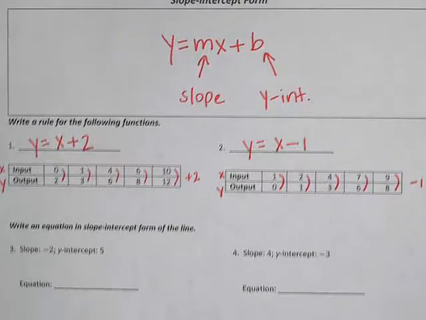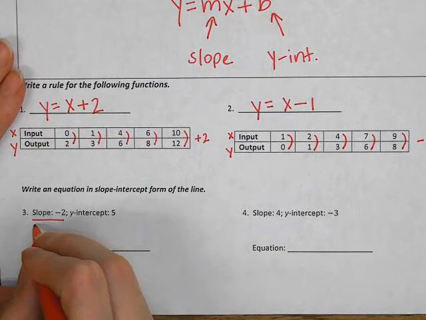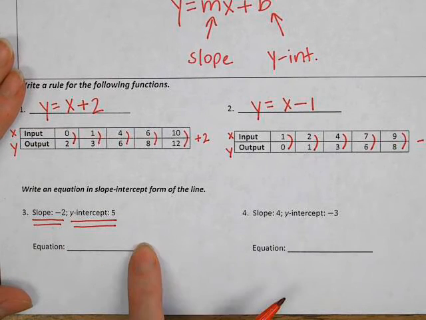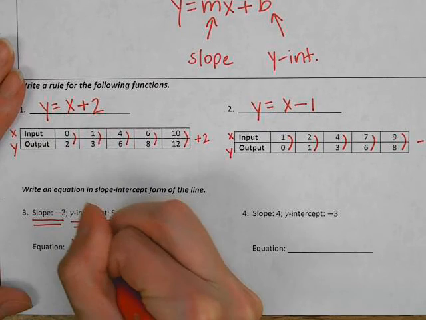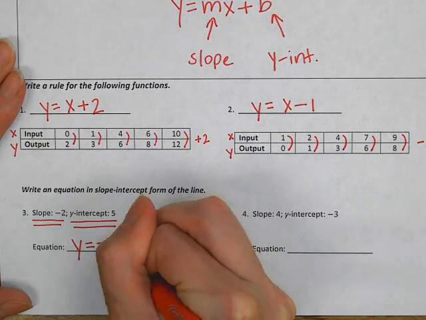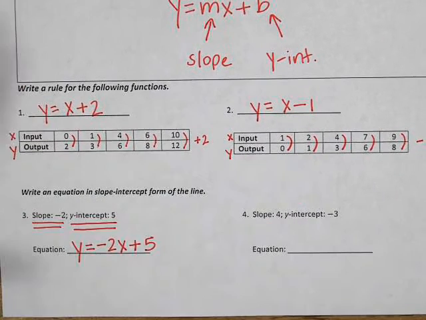Okay, now even easier is if they give you the m and they give you the b, can you write it in slope-intercept form? So y equals mx plus b, where m is the slope and b is the y-intercept.